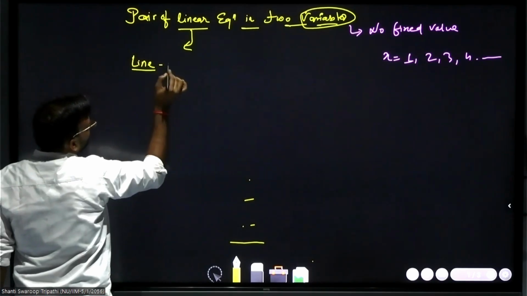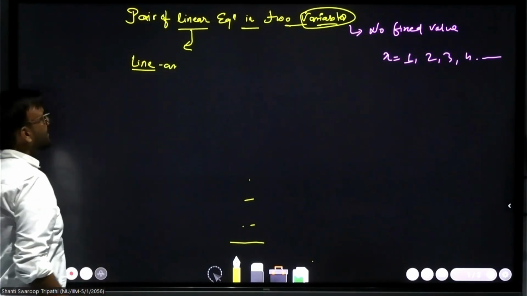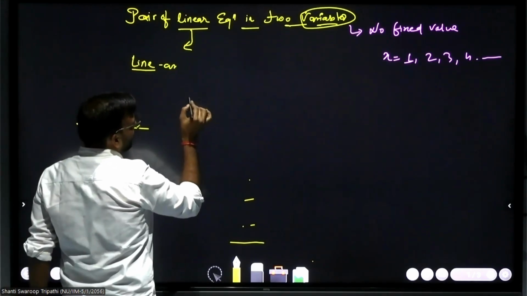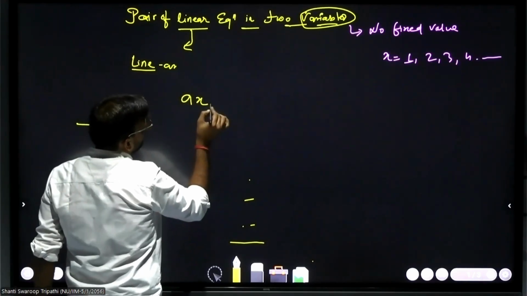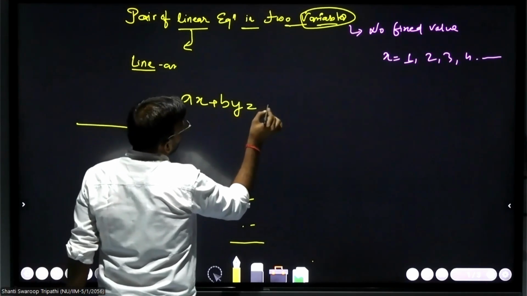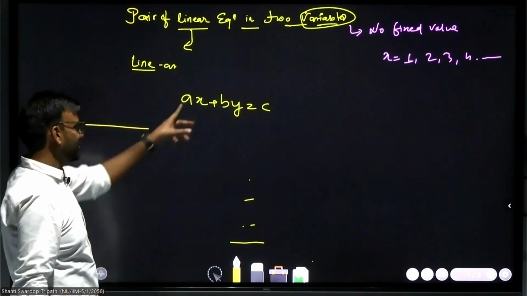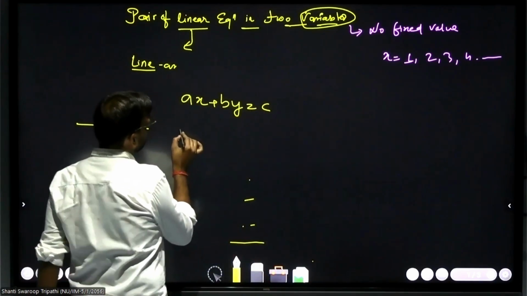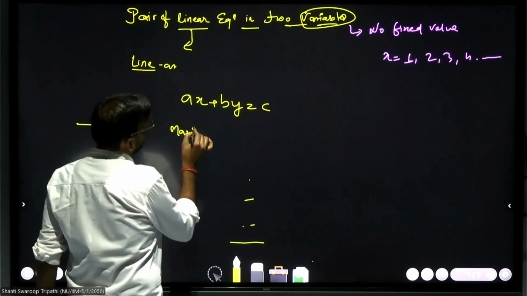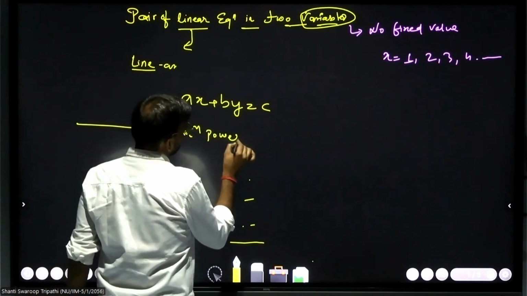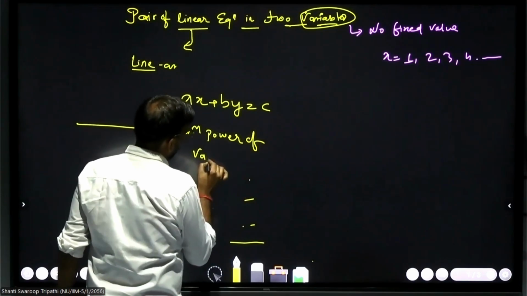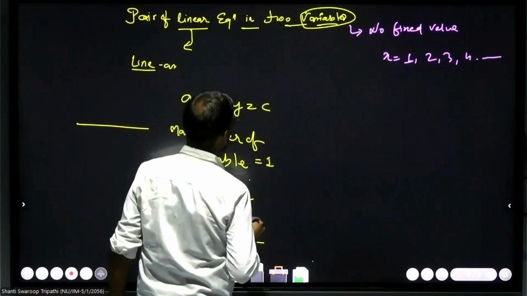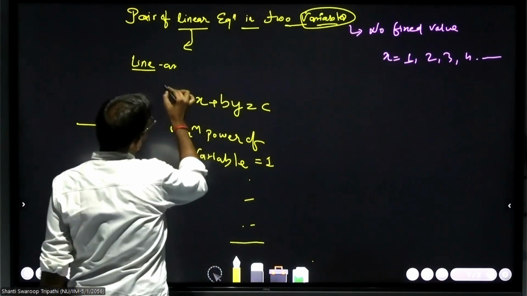If you have an equation in the form ax plus by is equal to c, that is the standard form of the linear equation, where the maximum power of the variable is 1. That is called a linear equation.